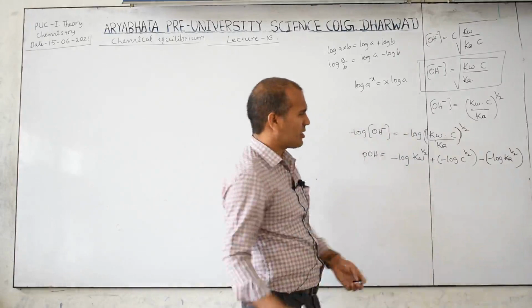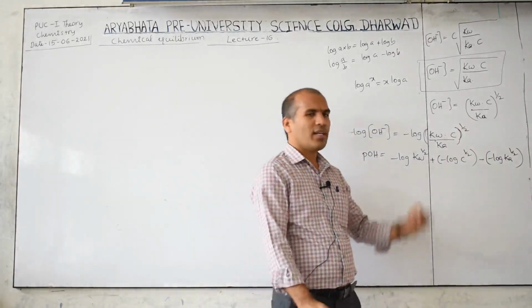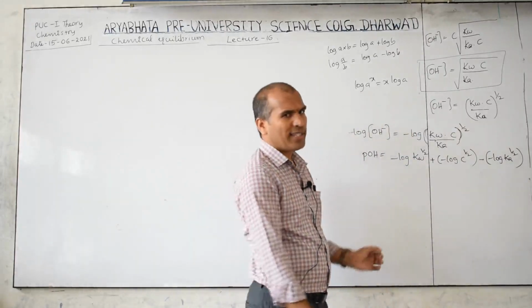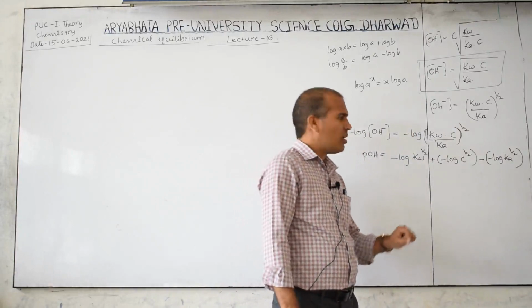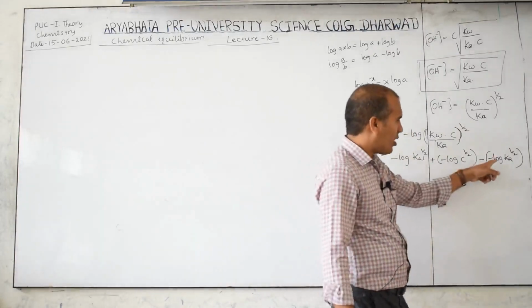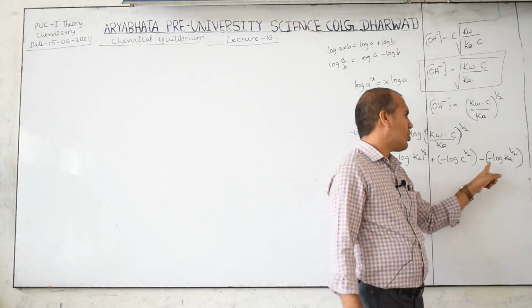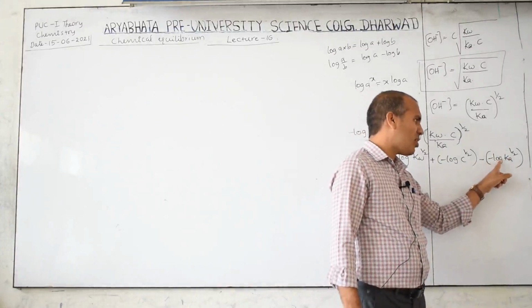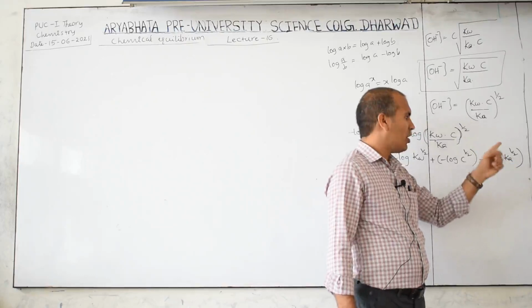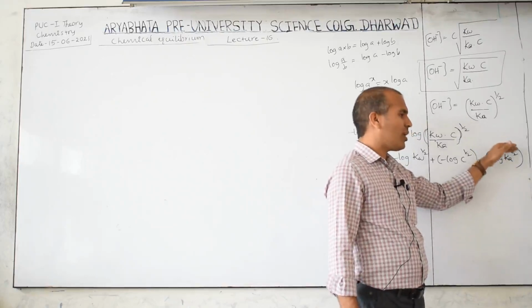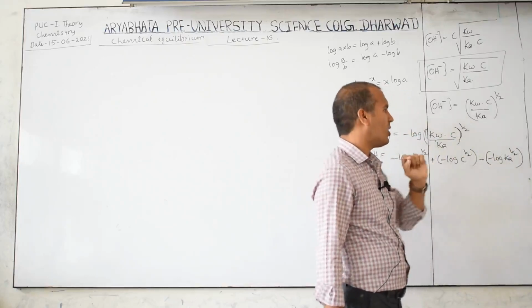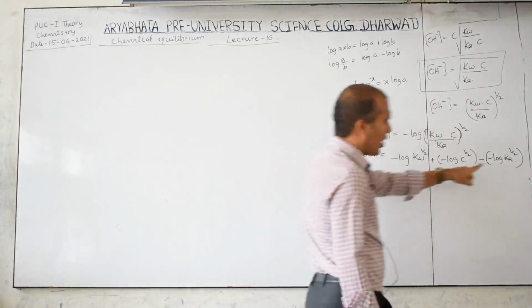You can compare with the previous class video for salt hydrolysis of strong acid weak base. There I may have written 1 by Kb; you change that, and write directly minus log Kb. Here for Ka, I may have written 1 by Kb. I think that may be wrong, so you have to correct that.